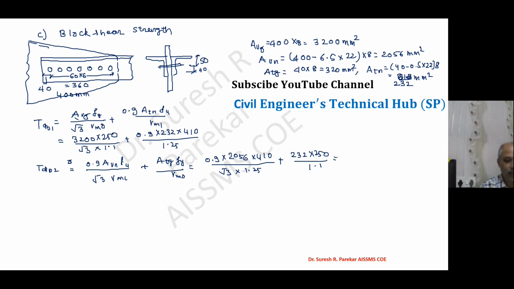So we have 3200 into 250 divided by root 3 upon 1.1 plus 0.9 into 232 into 410 divided by 1.25.